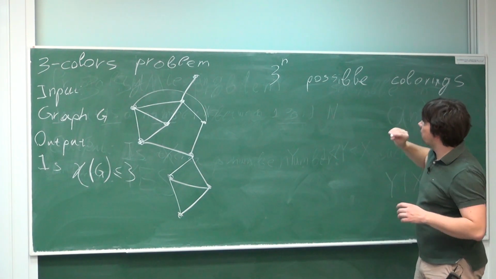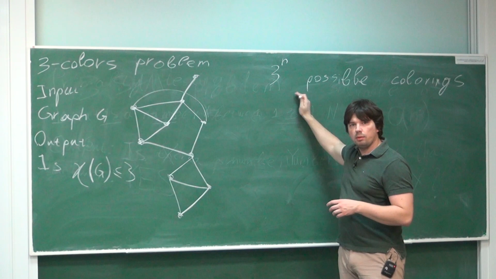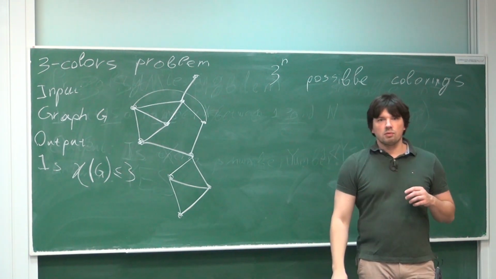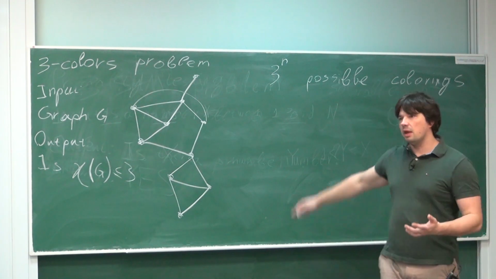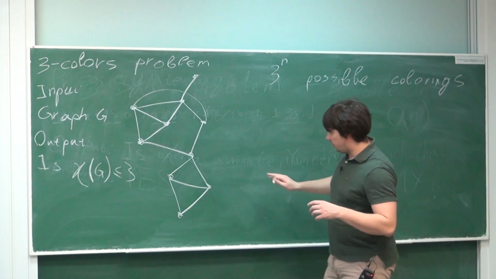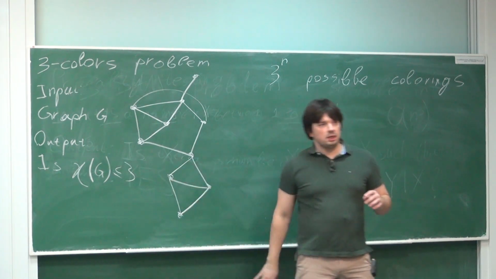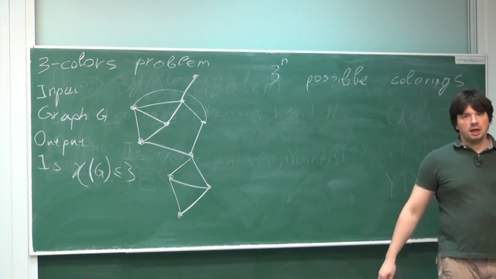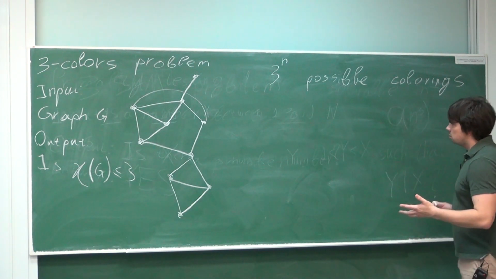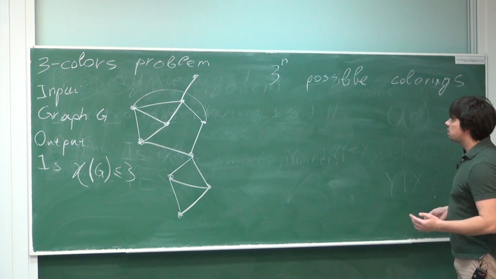So we can go through every single one of them and check if the coloring is a correct one, right? That there are indeed no 2 nodes that are connected with the same color. So this is clearly a way to do this.